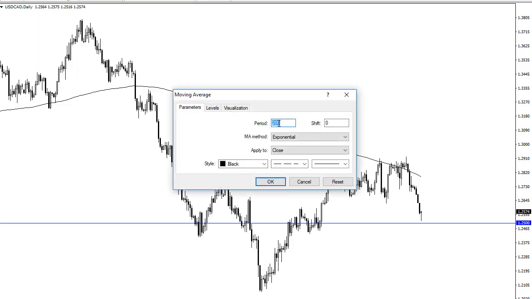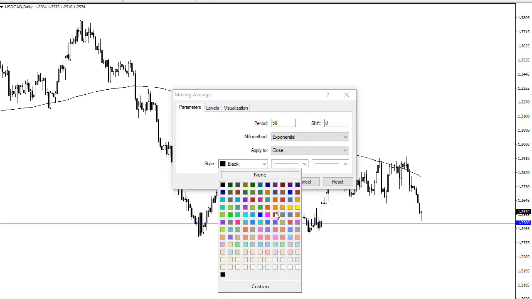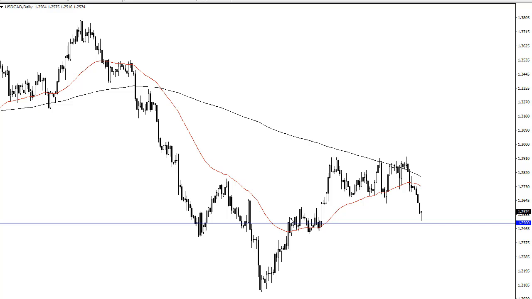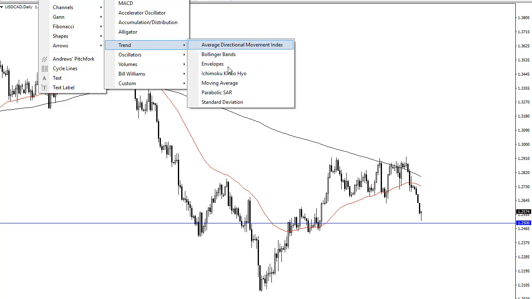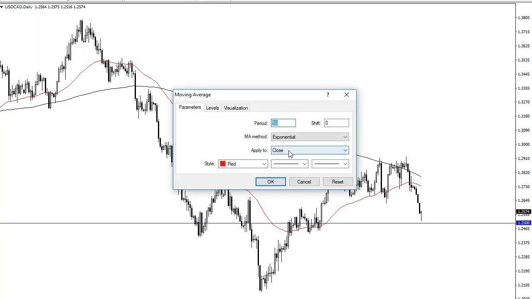In this case, I'll do a 50, and I'll do that in red because it's our faster one. You can see it reacts much quicker. It's the average price of the last 50, and it does itself have an influence on the market. Let's go ahead and insert what would be the 6-month moving average, which is 100.